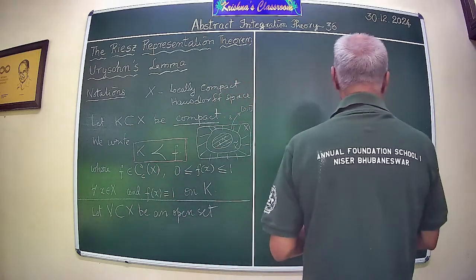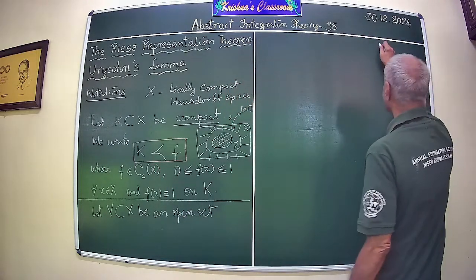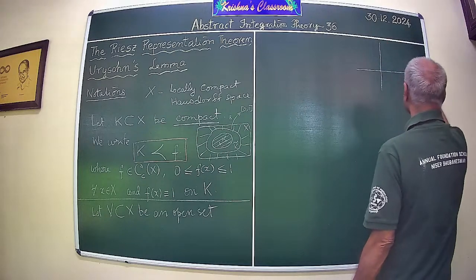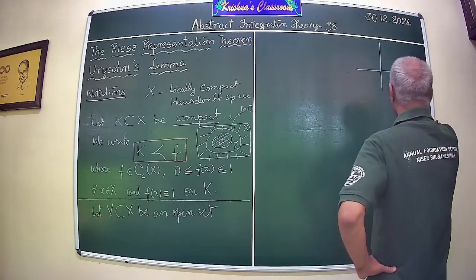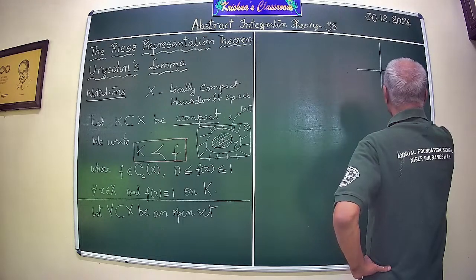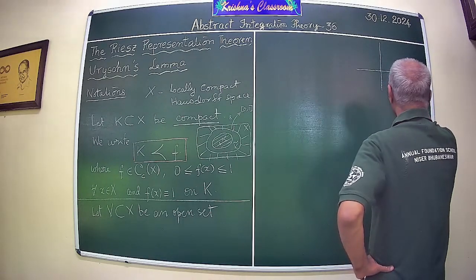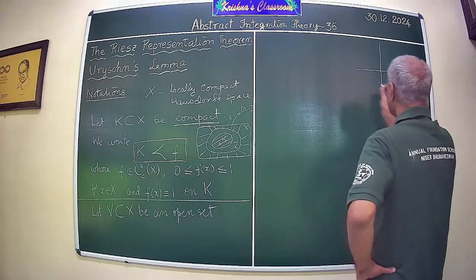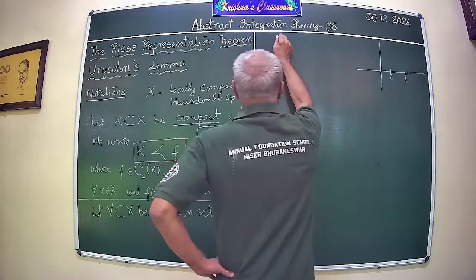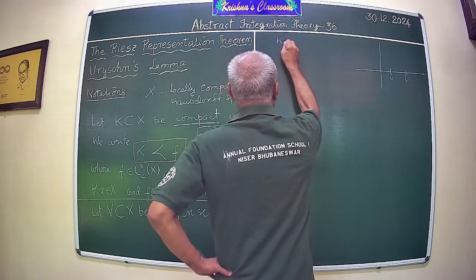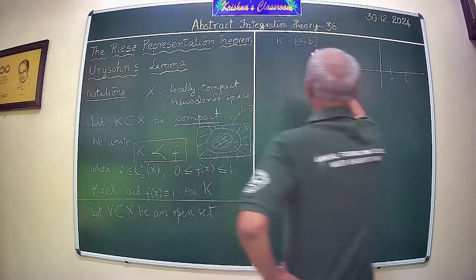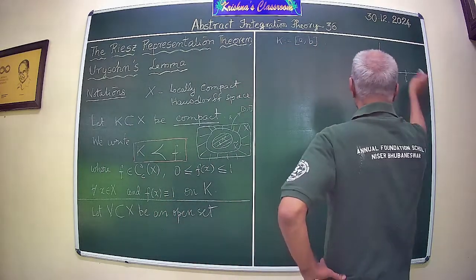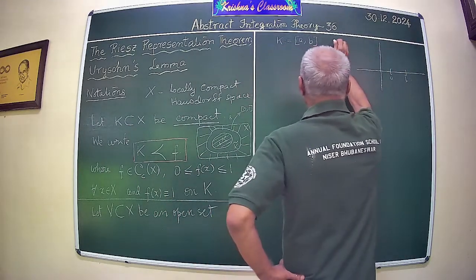Or I'll put it more clearly. Let us take a sort of function on R. So let us take K to be an interval [a,b]. You know that this is closed and bounded, so it's on R. So this is compact.